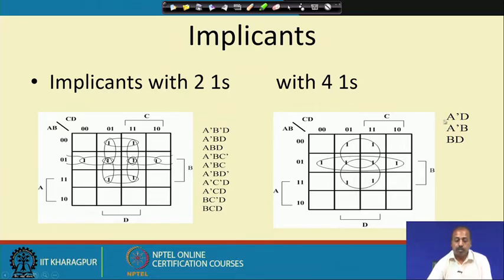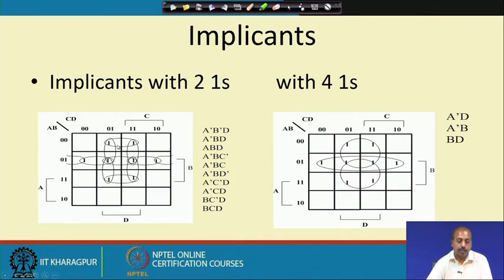Also, the size of this a bar d cannot be reduced further without undefining the function. But this a bar b bar d is contained in this a bar d, in this rectangle.